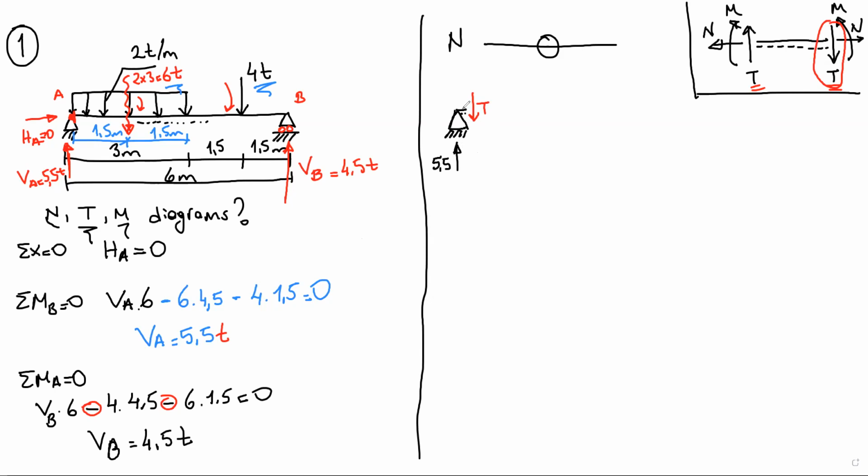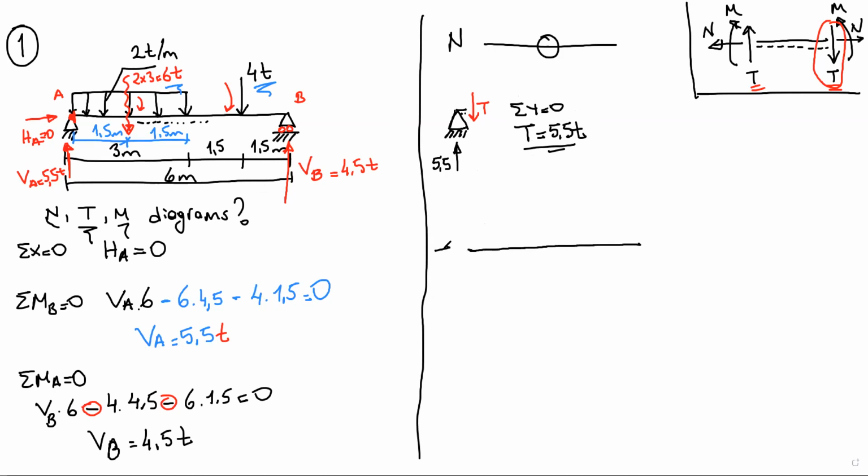The cut location is so close to point A that there is no effect of the uniform distributed load on this calculation. So if I write total Y equals 0, we are going to have T equals 5.5. So my start shear force is 5.5.